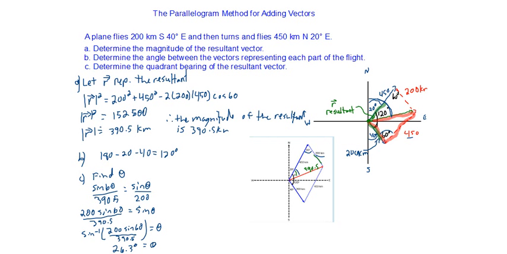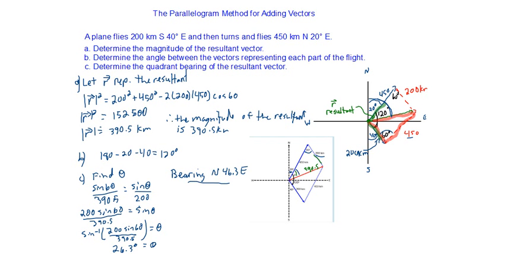If we're going to do a bearing, we need to either go from the north side or from the south side. We already know the angle up here is 20. So the bearing then is going to be north 20 plus the 26, that's a total of 46.3 degrees. So we're 46.3 degrees off north in an easterly direction. So there's going to be our bearing.